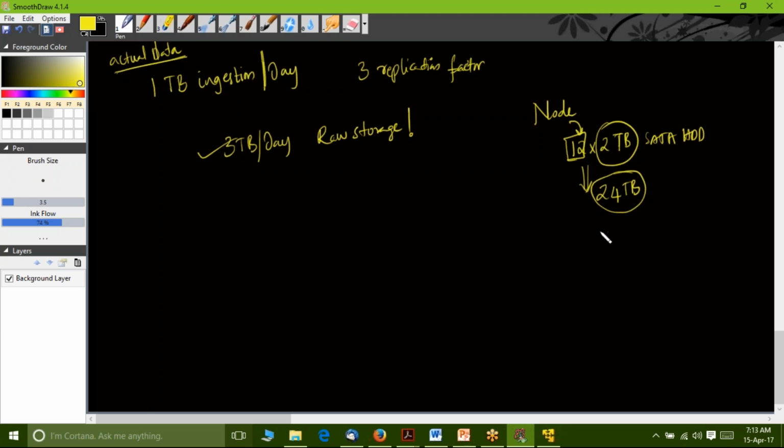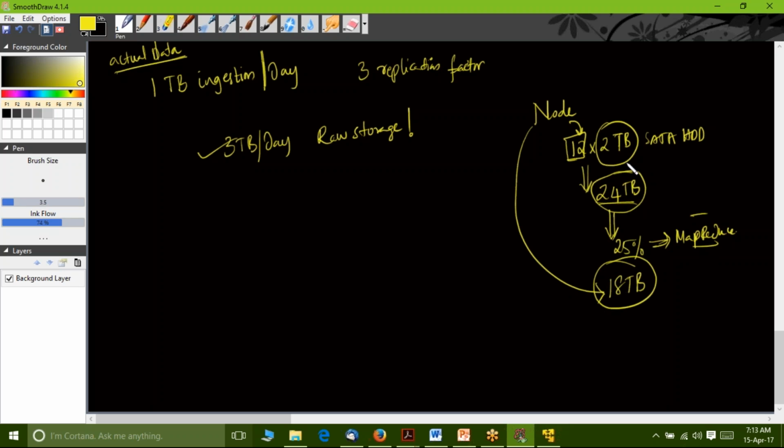No. For the reason, out of this 24 TB, 25% I need to keep aside for my MapReduce temporary storage or intermediate storage. Out of 24 TB, if 25% is dedicated for that one, I have only 18 TB left over. In one node, I can use only 18 TB storage, though its storage capacity is 24 TB.